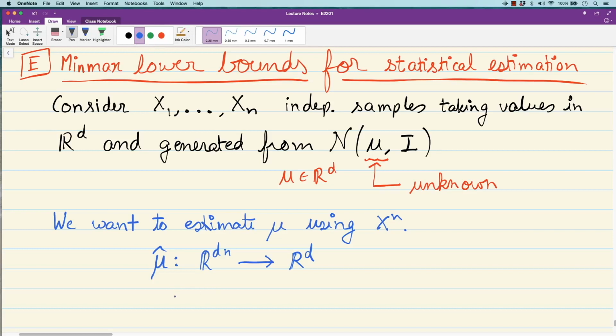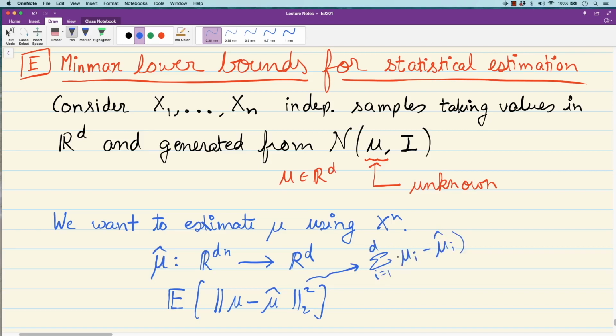So the performance of your estimator is the expected value of the L2 norm of mu minus mu hat, squared. This is the mean square error that we saw earlier. So this is the sum over i equal to 1 to d of (mu_i, the true mu_i, minus mu hat_i) squared. What is this expectation over? Where is the randomness here? The randomness is in this mu hat.